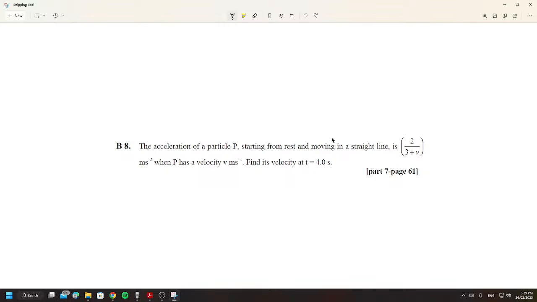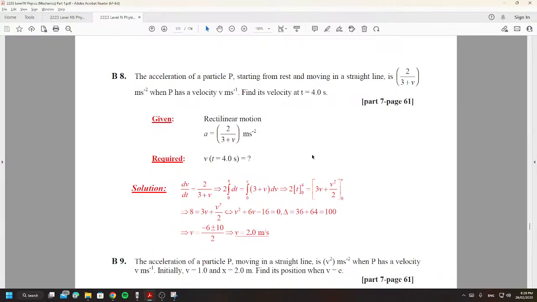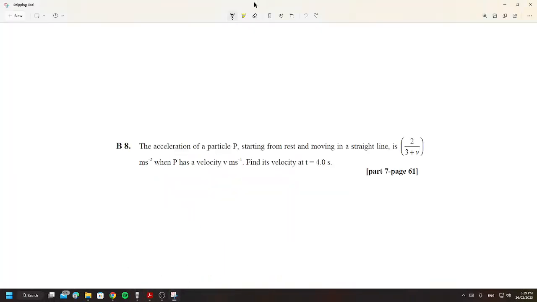I'm confused. What is this? Okay, wait, let's have a look at the answer key for this one. Okay, so yeah, dv over dt. You know what? Let's just solve it normally and see what happens.